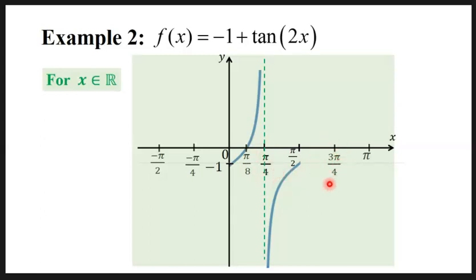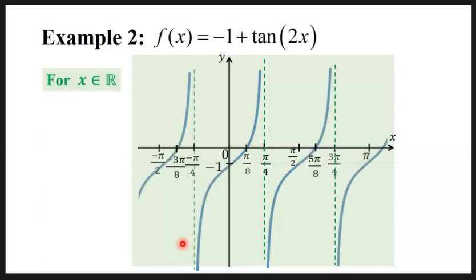So I have 3 pi over 4 as another vertical asymptote. On the left hand side, the vertical asymptote will be at negative pi over 4 because we minus the period pi over 2. So as a result, if we extend the graph, this is how the graph looks like. And this is how we get the graph for all real numbers.